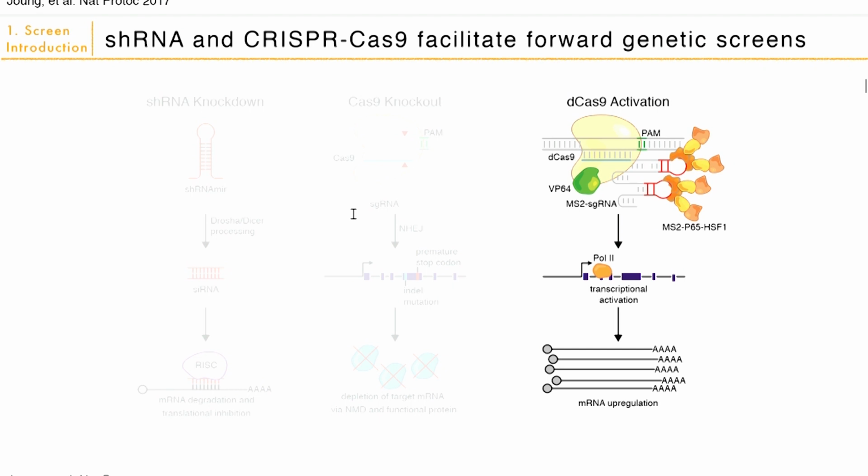What it consists of is 3 different activation domains that have been built onto the dead Cas9, the VP64, P65, and HSF1 activation domains. Together, this forms an activator complex that can very robustly activate target genes when you position this dead Cas9 activator at the promoter. And after the positioning, this leads to mRNA upregulation.